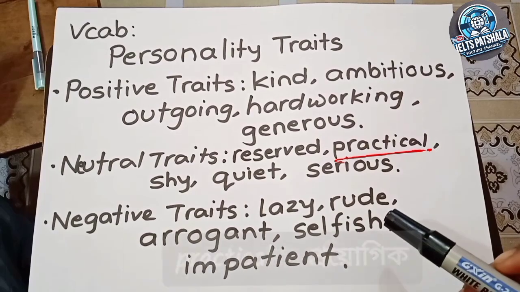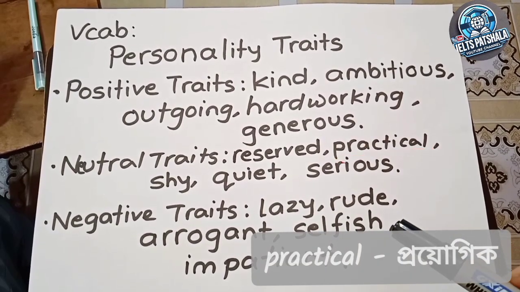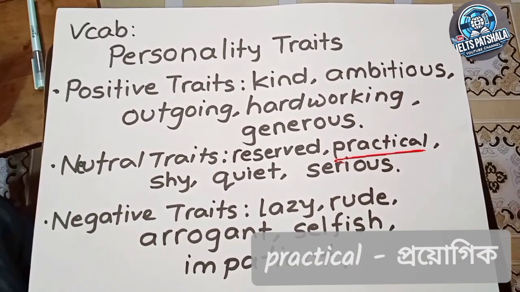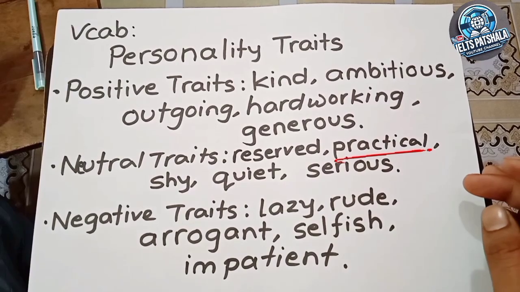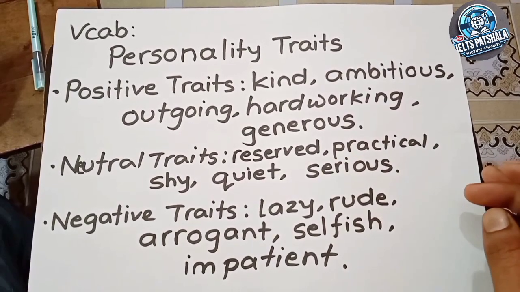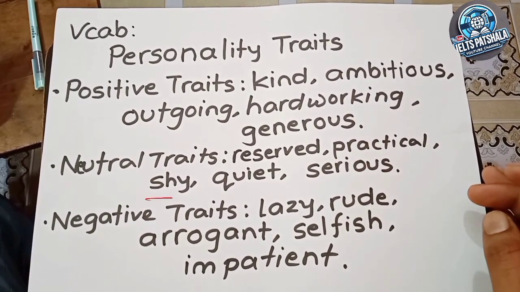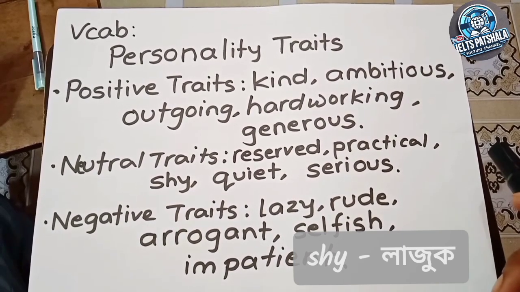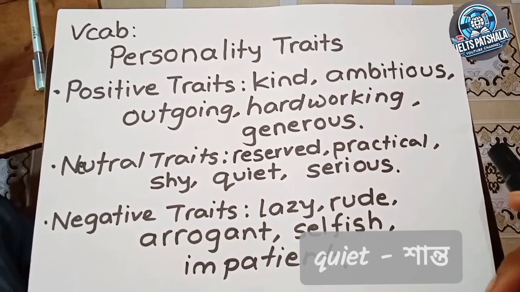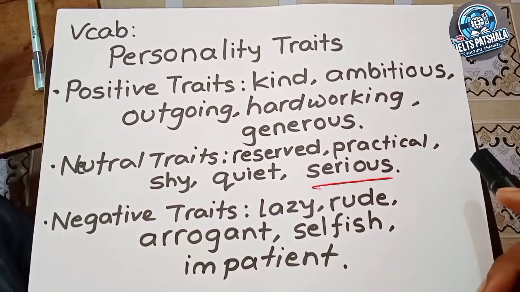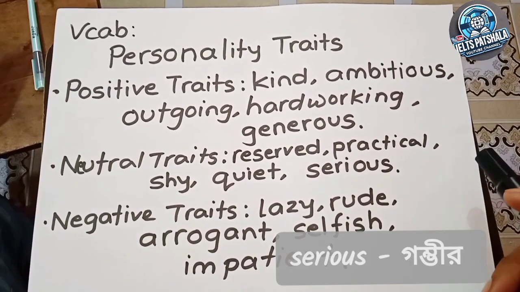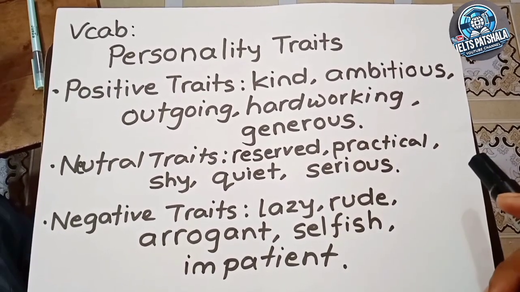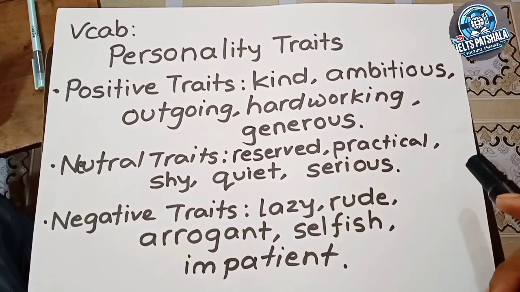And practical is used for a person who focuses on realistic solutions. Shy describes someone who feels nervous in social situations. Quiet and serious are straightforward but can describe people who aren't very talkative or who focus on important matters.